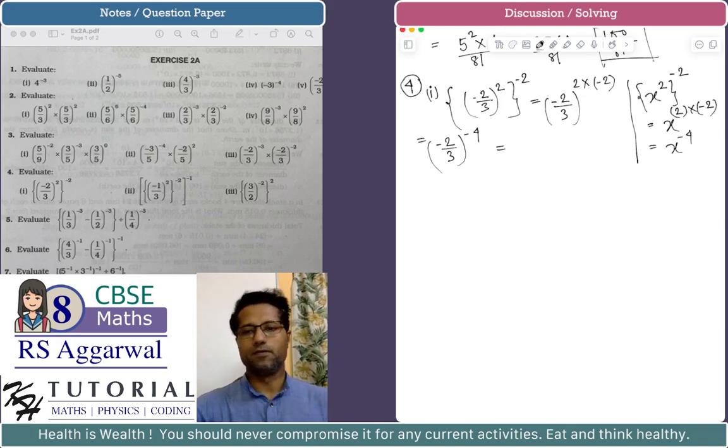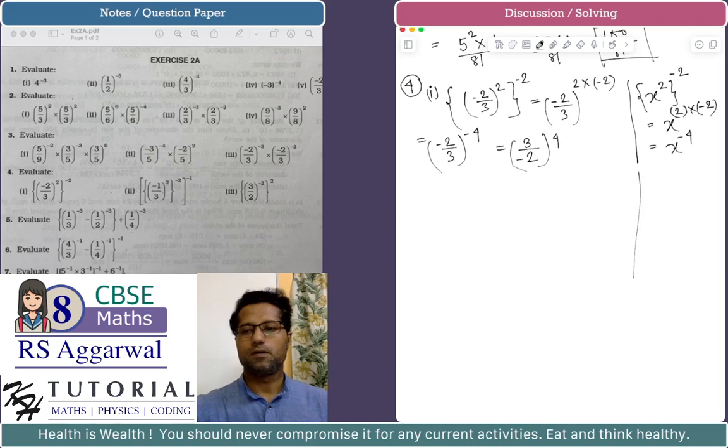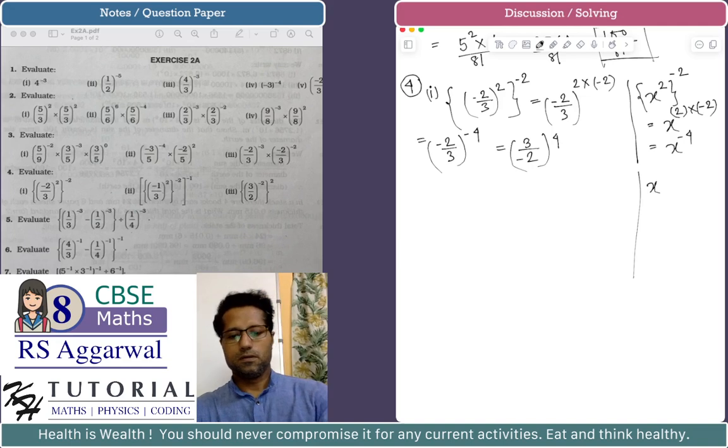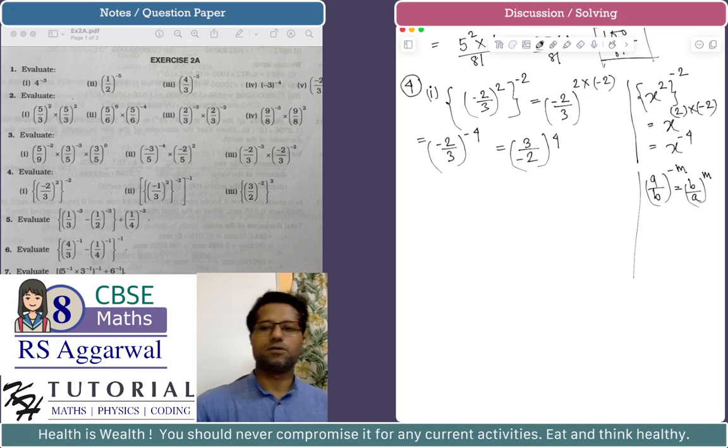The power is negative, so this will be equal to the reciprocal of -2/3, that is (3/-2)^4. Using the concept x^(-m), where x = a/b is a non-zero rational number, is nothing but (b/a)^m. This formula you must be very well aware of.